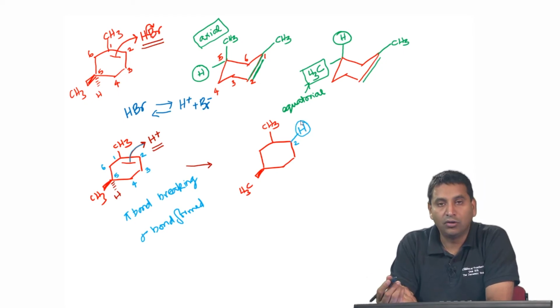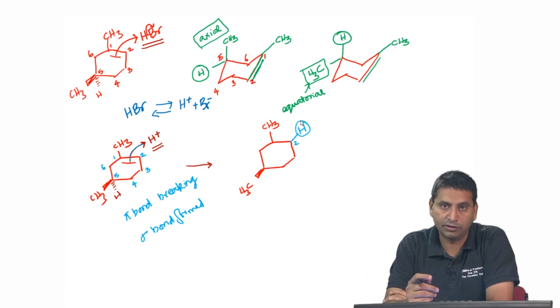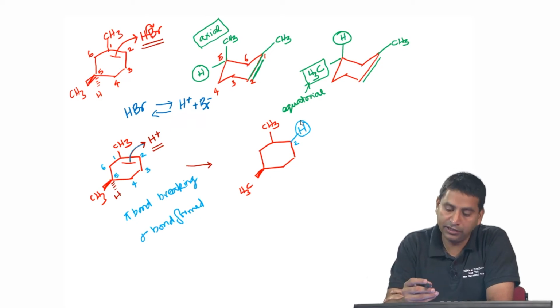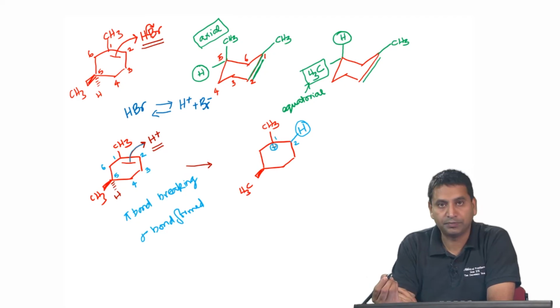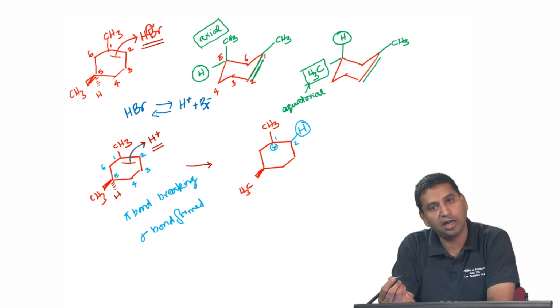Okay. So, now in order to keep the charges intact, what we would do is we would need to put a positive charge somewhere, and the carbon whose valency is not satisfied is actually carbon 1. So, we would end up with a positive charge over here. Okay. So, here is our carbocation.